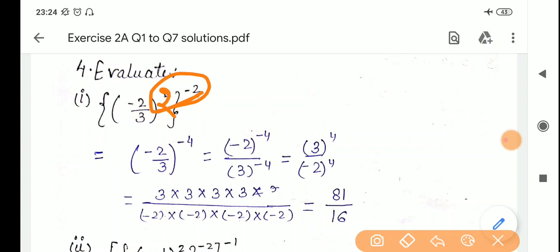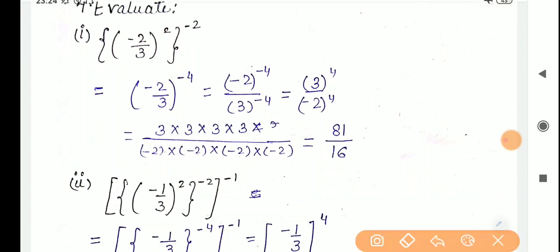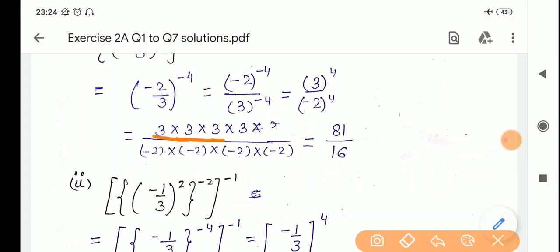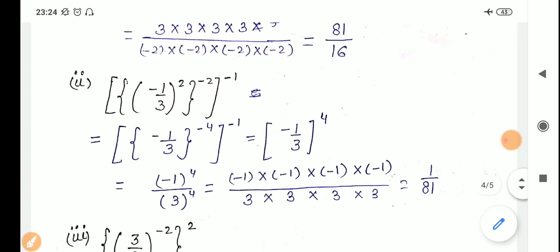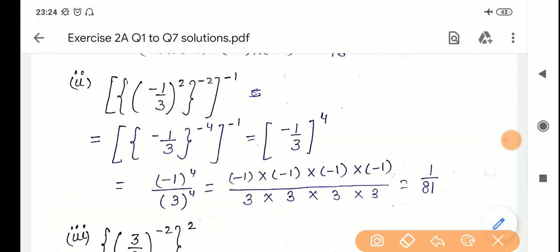So (-2/3) raised to the power -4, and the power is negative, so we do the reciprocal of the base, (3/-2) raised to the power 4. When we solve it, 3 3s are 9, 27, 81, and 2 2s are 4, 8, 16, and the power is even, so the sign will be positive. Understood?